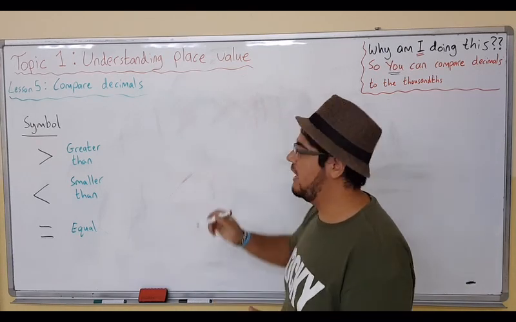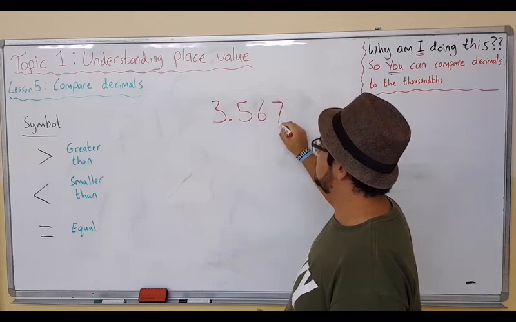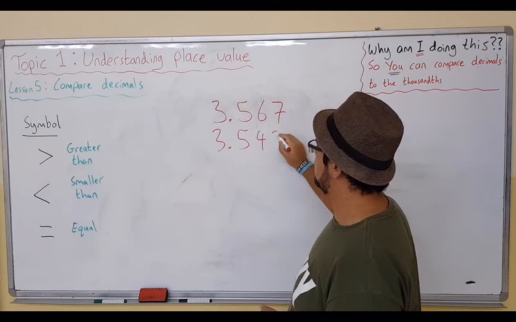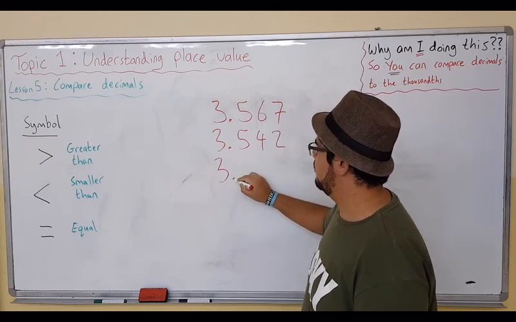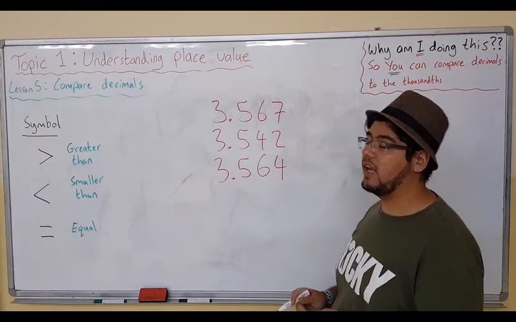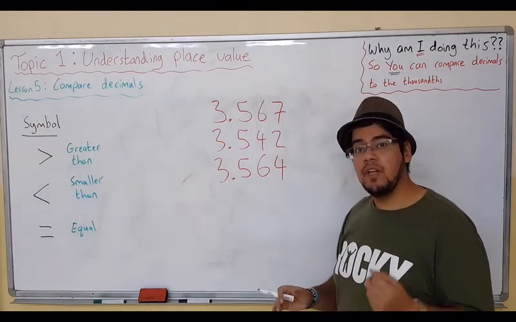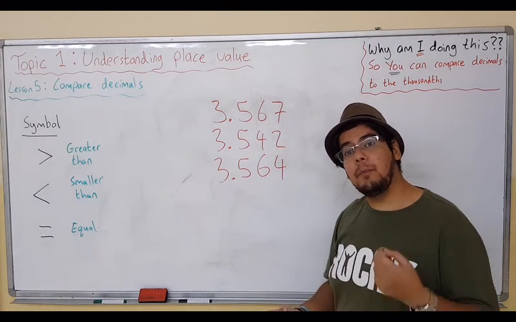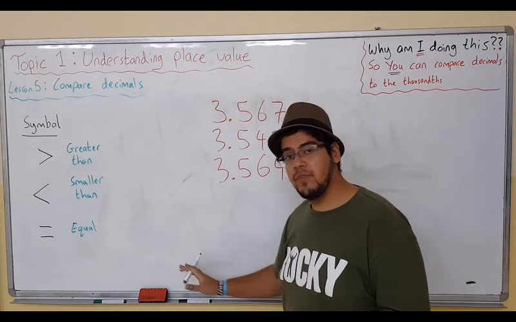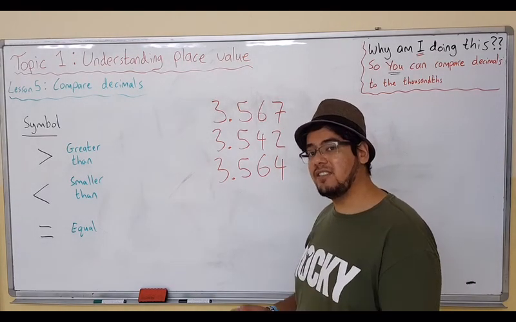Let's say we have 3.567, 3.542, and 3.64. So we have 3 numbers and we want to see which is the biggest number. We're going to order them from greatest to smallest, greatest to least, okay?